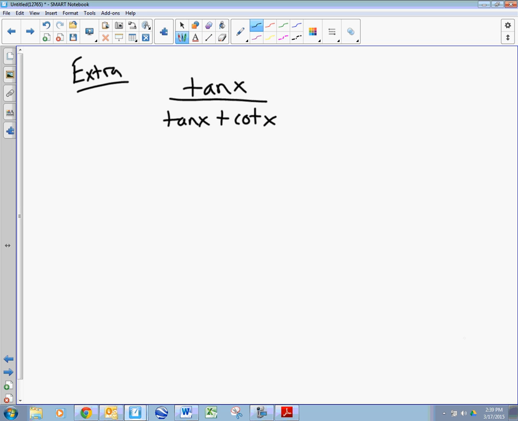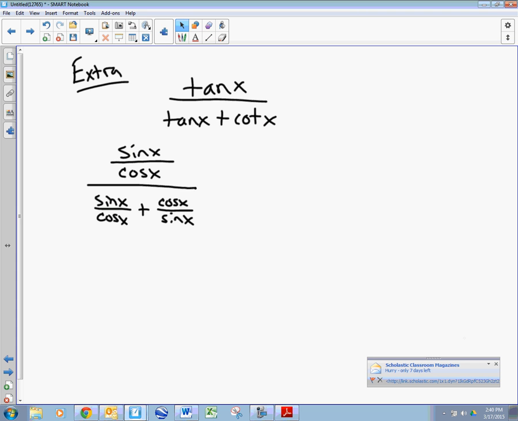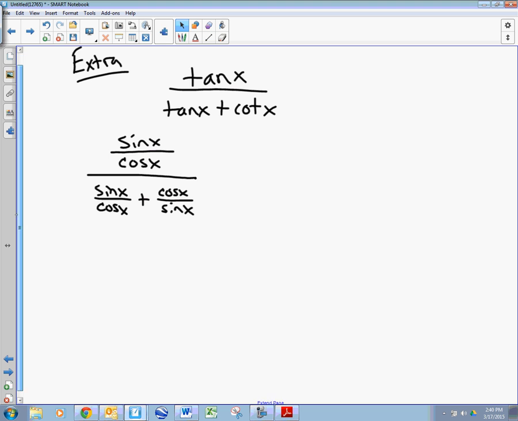So I'm going to write this as sine of x over cosine of x divided by sine of x over cosine of x plus cosine of x over sine of x. Can you see that that is a complex fraction? Sometimes it's advantageous to create the complex fraction to see what will simplify.